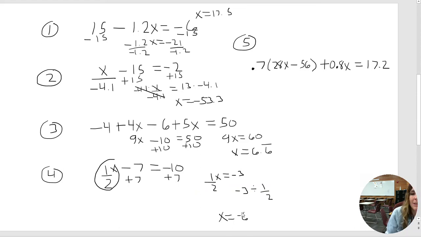Okay, and then the last one, you should multiply first. You're going to distribute, and then you're going to combine like terms. So 0.7 times 28 is 19.6. And then 0.7 times a negative 56 is a negative 39.2.